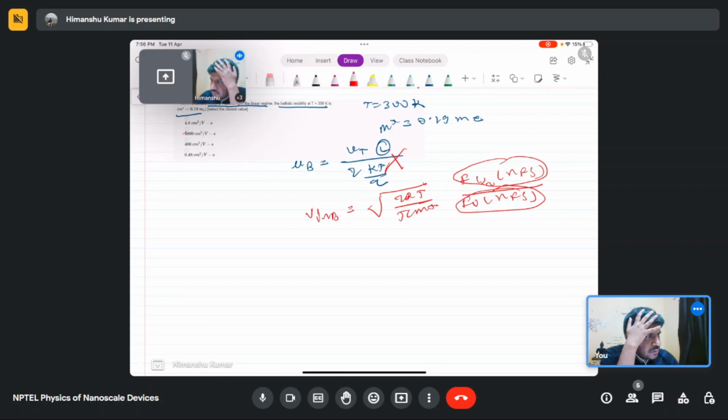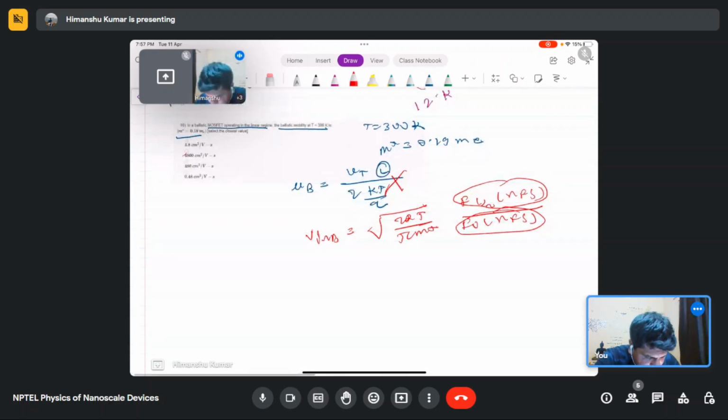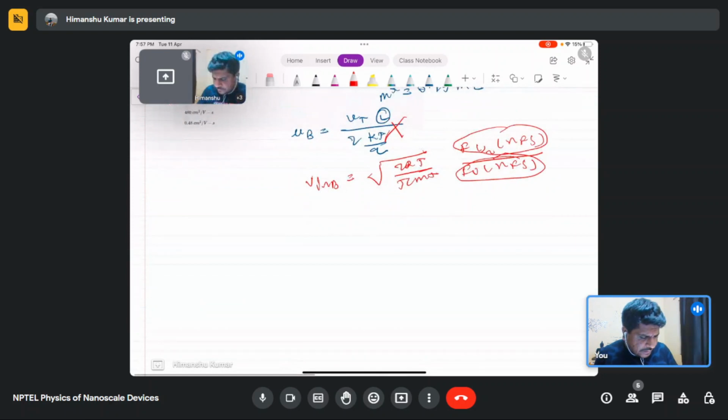This thermal velocity we can find. From this we can calculate the ballistic mobility. For the small region, finally this will come out.